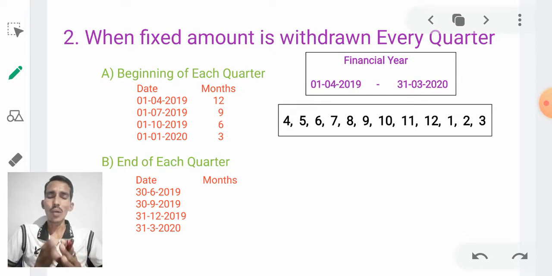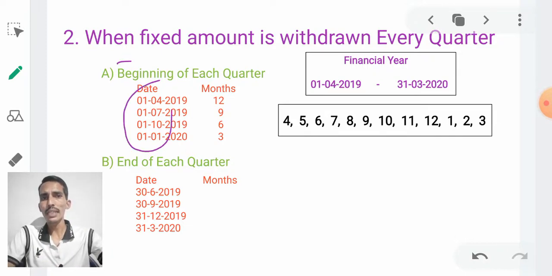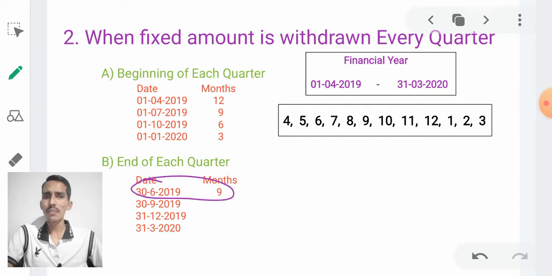In the problem, if it is given beginning of month, you should keep these dates in mind, and if it is given as end of each quarter, you should keep these dates in mind. See here, the months also change a little bit, it becomes 9 months. How does it become 9 months? Because the partner has withdrawn in the 6th month, we don't calculate interest on drawings for the 6th month.